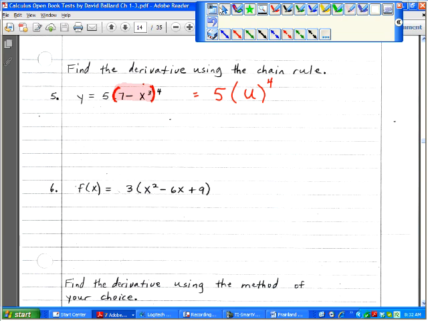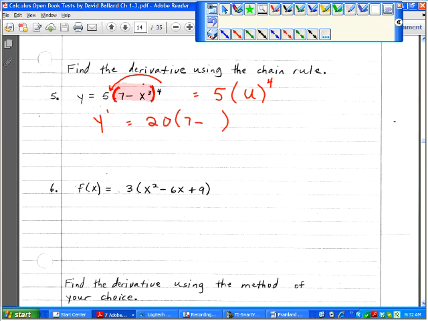Okay? So what we're going to do is we're going to take the derivative of the function times the derivative of the guts of the function, right? So, how would you find the derivative of the function itself? Well, exponent times coefficient.